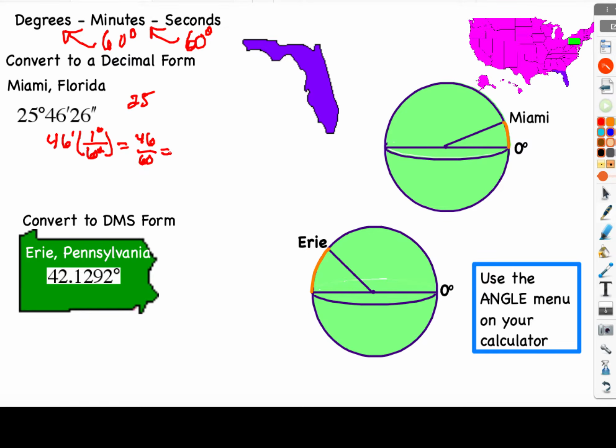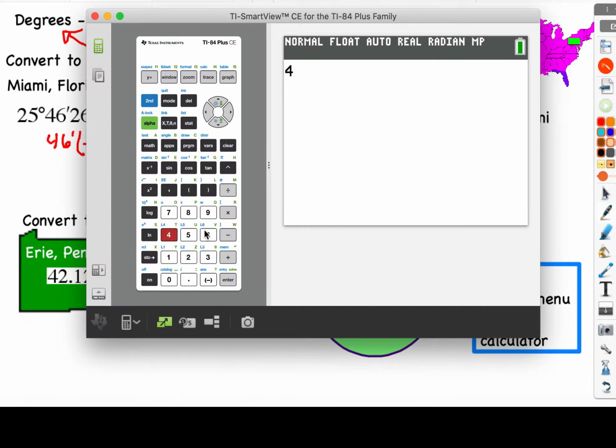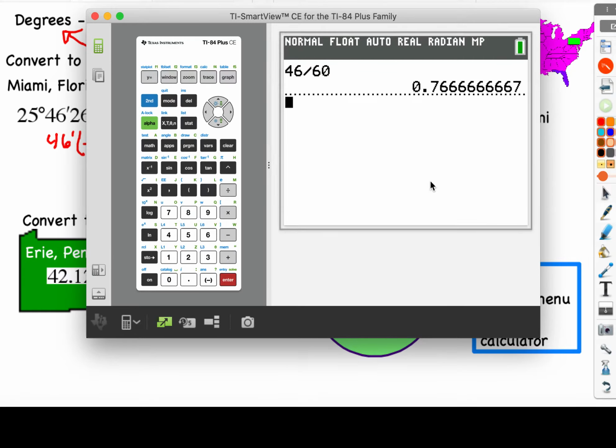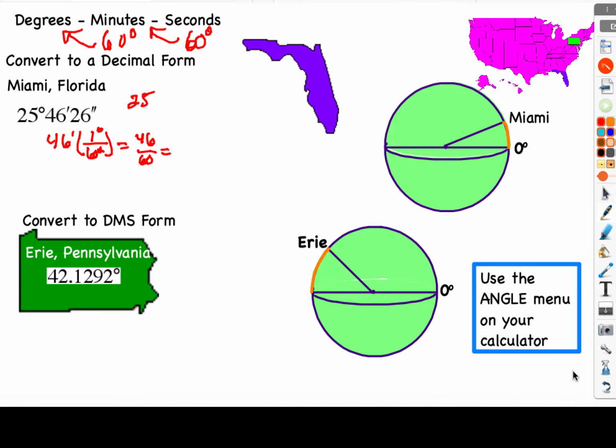And if we go to our calculator, 46 divided by 60 would be about 0.76 repeating. So I'm just going to say that that's 0.767 of a degree.